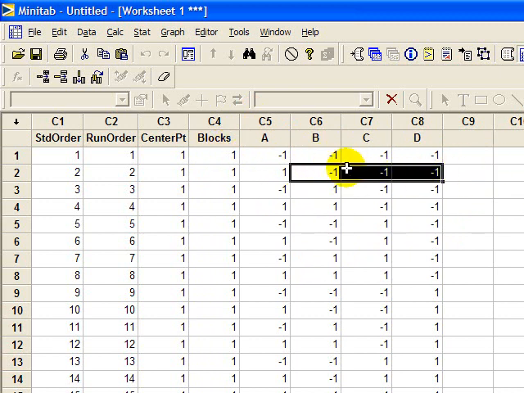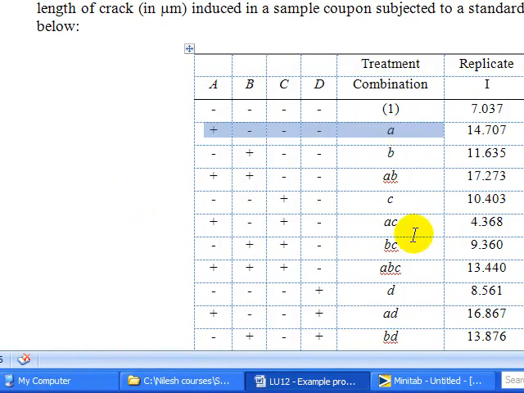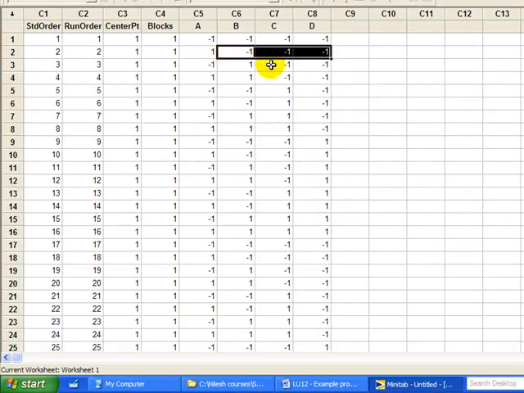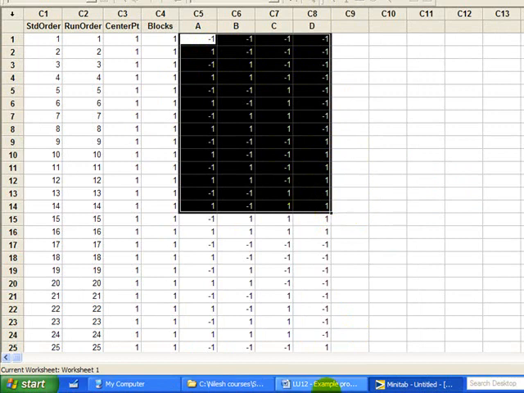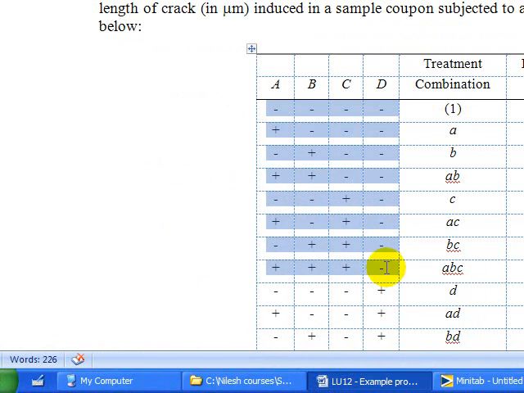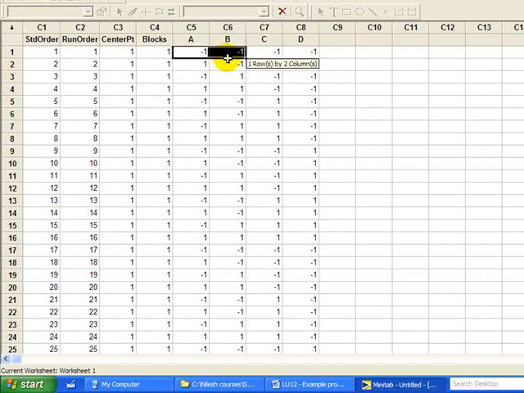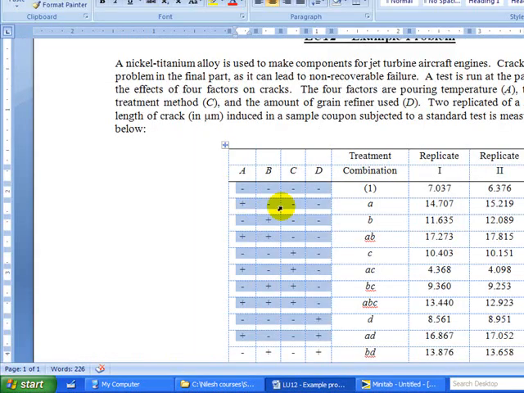So this is basically representing this particular design, right? And I believe that this sequence here is the same as this sequence here, but when you enter the data in Minitab, please make sure that the sequence is the same.